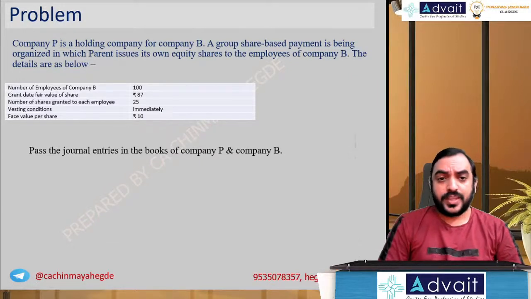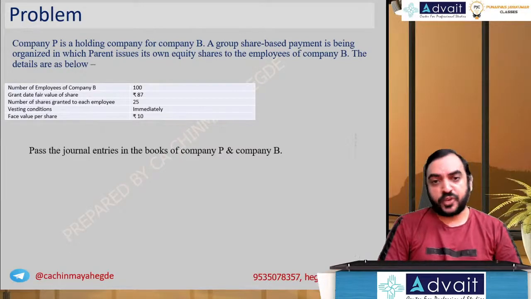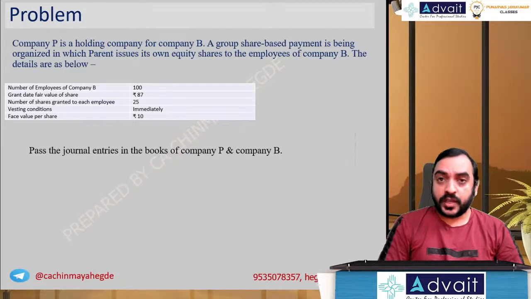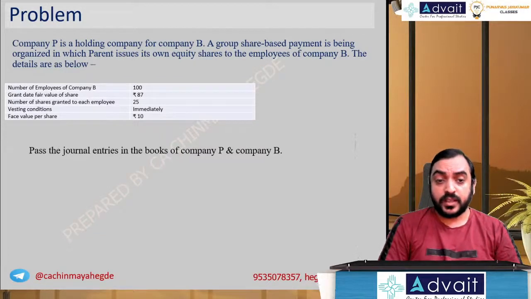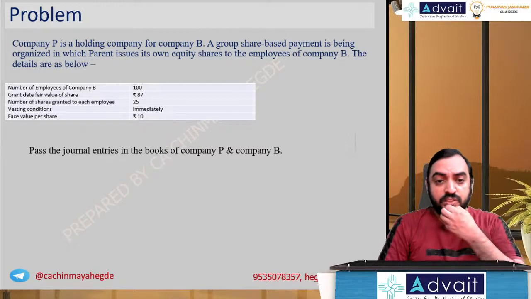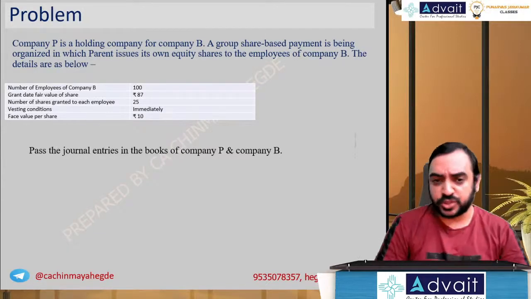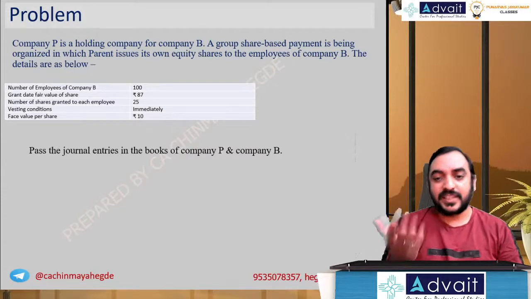Company P is a holding company for company B. A group share based payment is being organized in which the parent company issues equity shares to employees of company B. The details are below: number of employees, number of shares granted to each employee, vesting conditions, fair value per share. Pass the entries in the books of company P and company B. This I explained earlier.